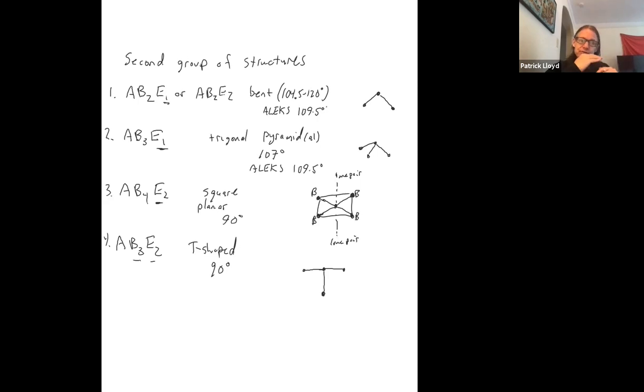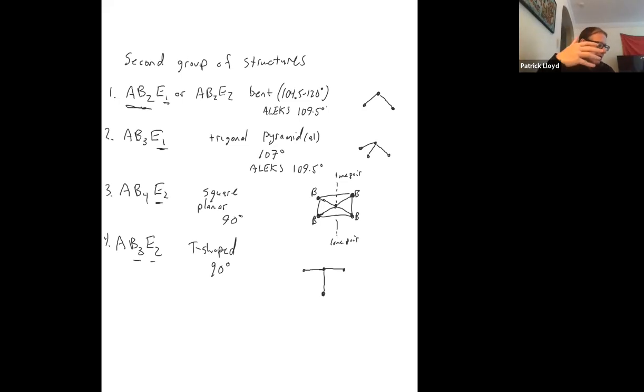So really what you do is you look at the formula. 1 central atom, 2 surrounding atoms. Well, that could be linear, or it could be bent. Those are the 2 that are AB2. So then you draw the Lewis structure. If it has lone pairs on the central atom, then it's bent. If it doesn't have lone pairs, then it's linear.